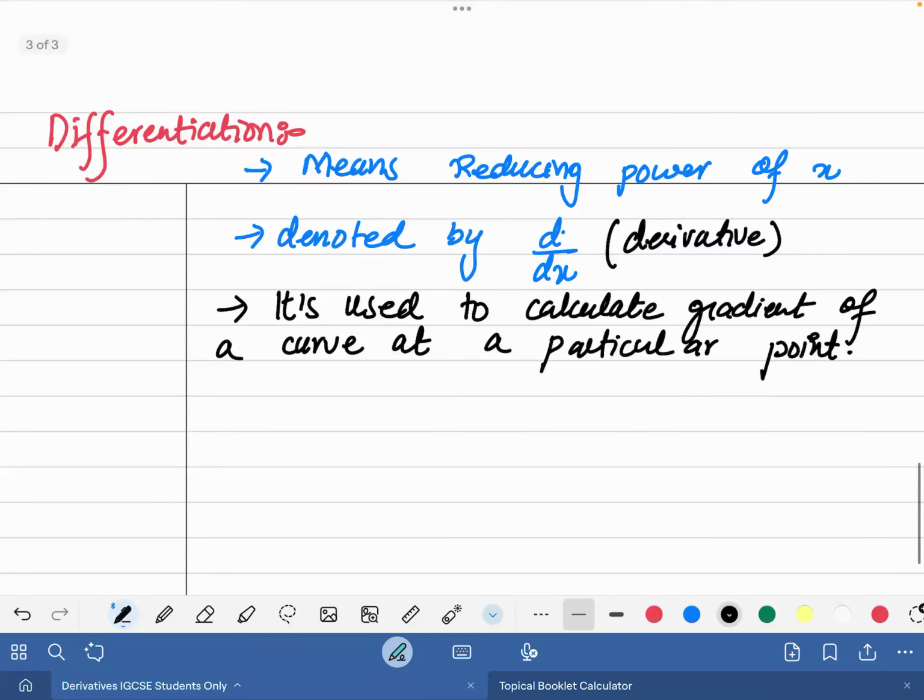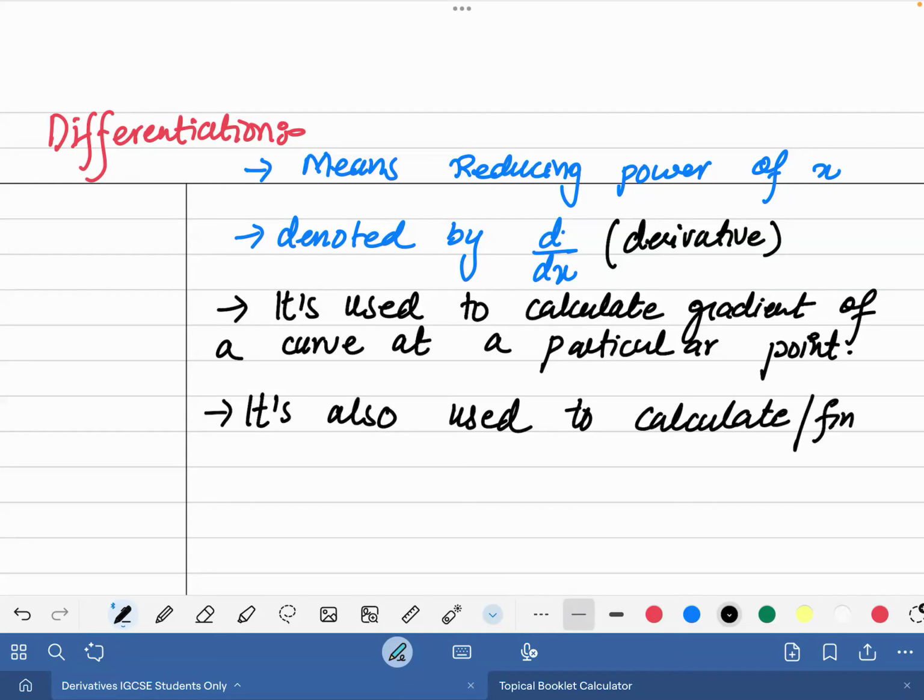ठीक है. It is also used to calculate slash find turning points or stationary points.